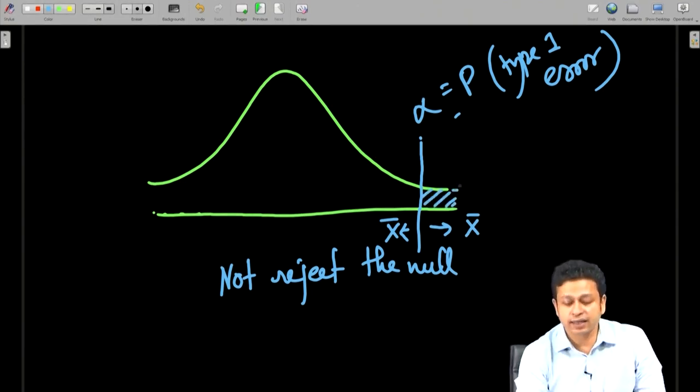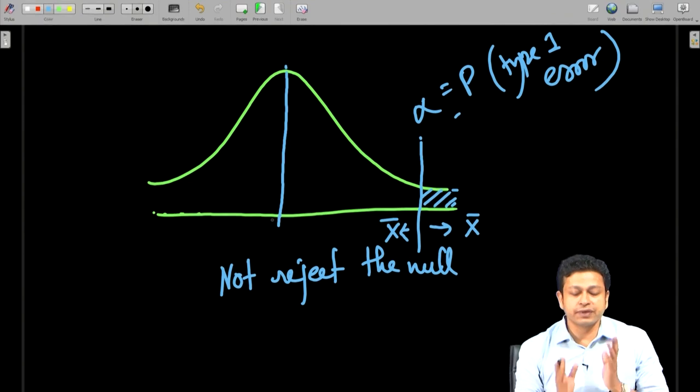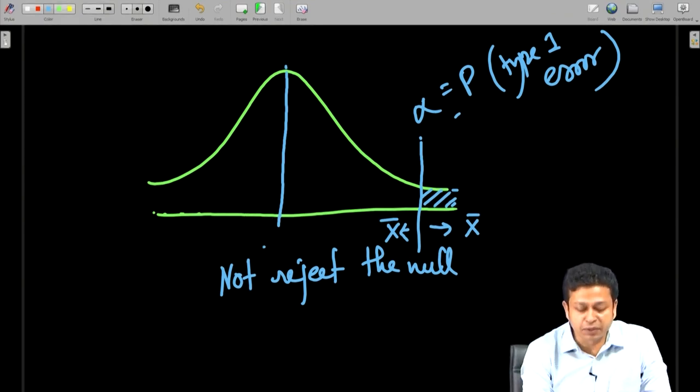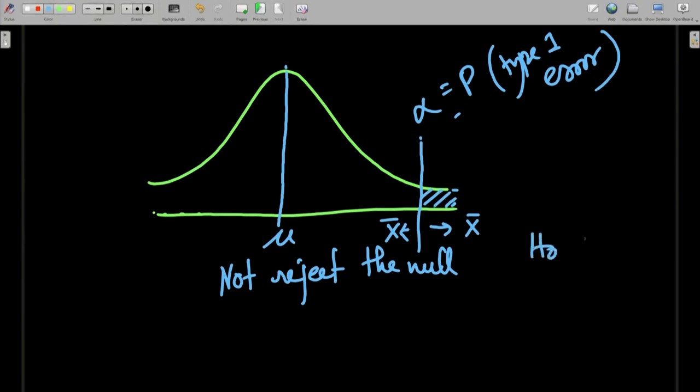So, these are the errors. Now, how much error am I allowing? Essentially, I have my mu here. This is my null hypothesis, that mu and x bar are basically the same, whereas my alternative hypothesis is saying mu is not equal to x bar.